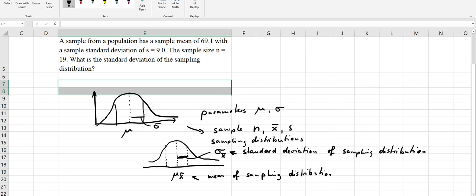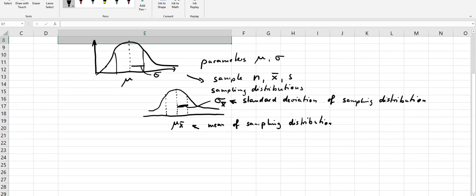And we know that in this case, the mean of the sampling distribution, mu x bar, equals our sample mean, and that also equals the population mean of our original population here, from which we have drawn the sample.